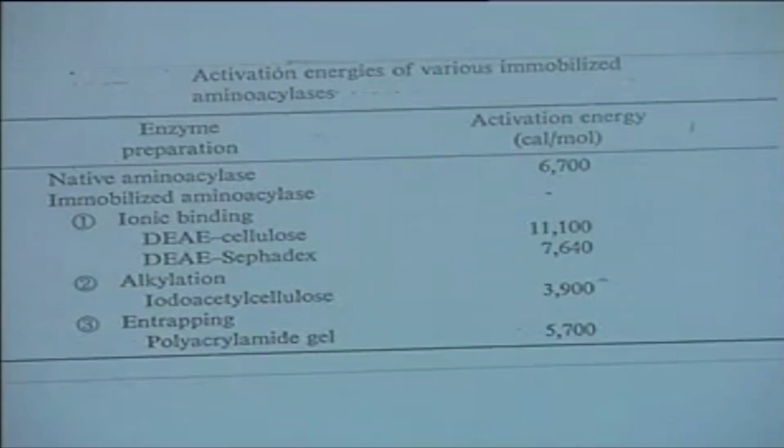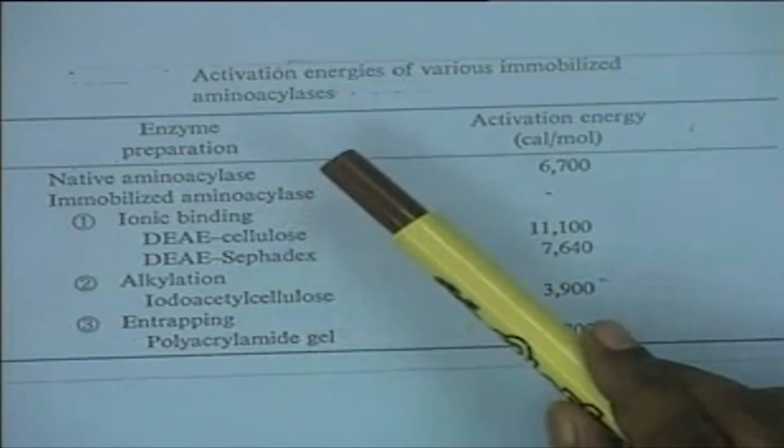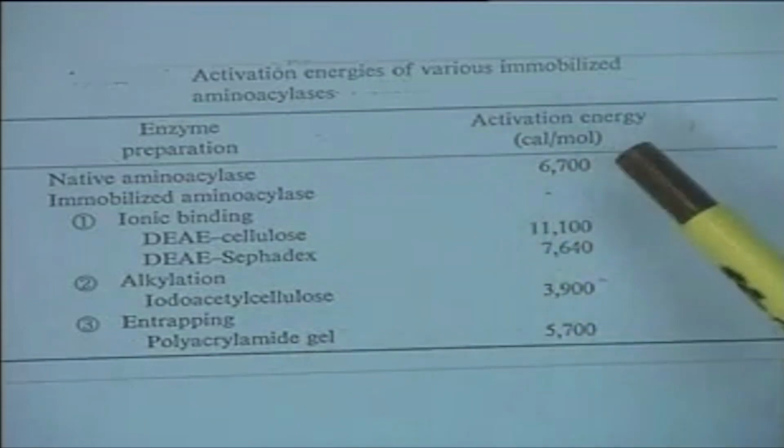Now, if you look at the data on the activation energy of various immobilized aminoacylases, I will come to operational stability in a little while. The activation energy for immobilized aminoacylases, again immobilized by different methods, also undergoes a change.